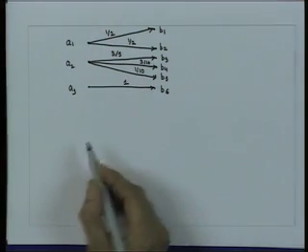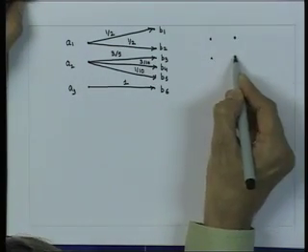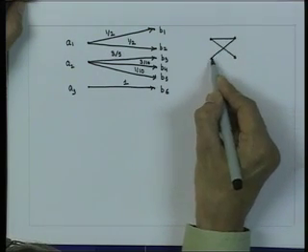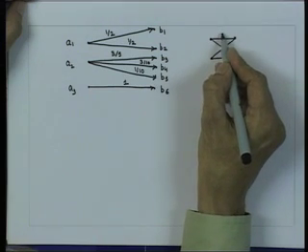Now, a binary symmetric channel is of the, with the channel diagram as shown here.